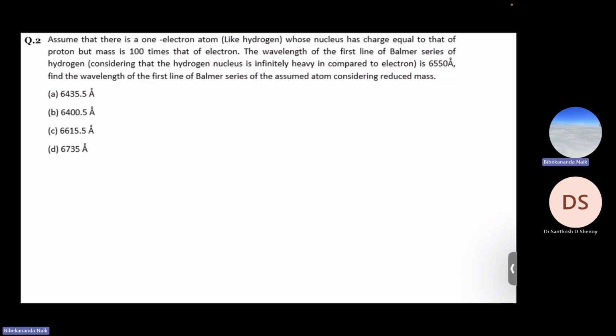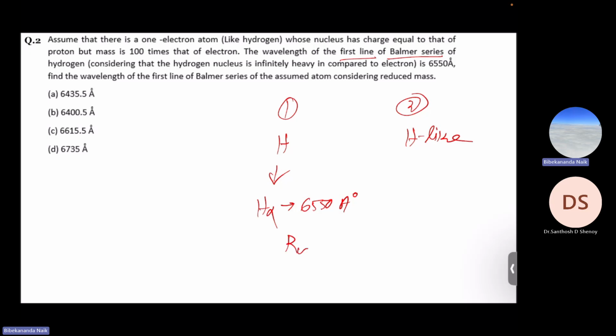Basically, there are two conditions. One is hydrogen, another is hydrogen like system. So this is hydrogen for which the H alpha, first line of Balmer series, is 6550 Angstrom, where we have considered R infinity because here it is mentioned hydrogen nucleus is infinitely heavy.